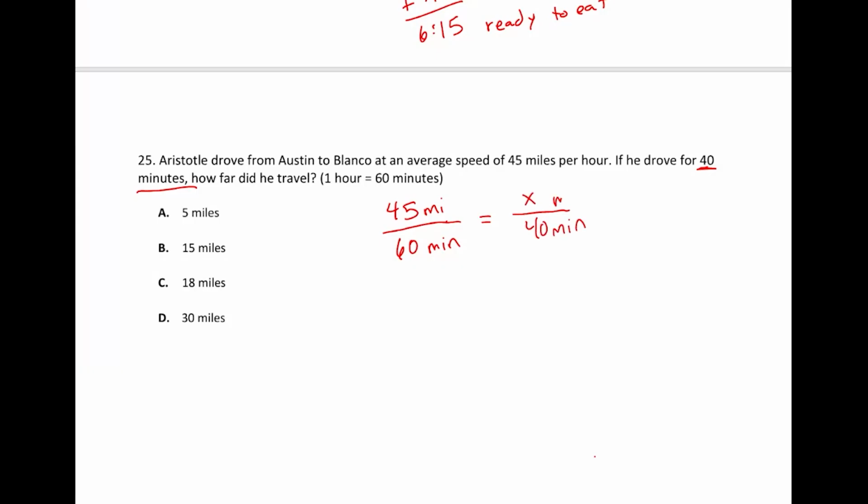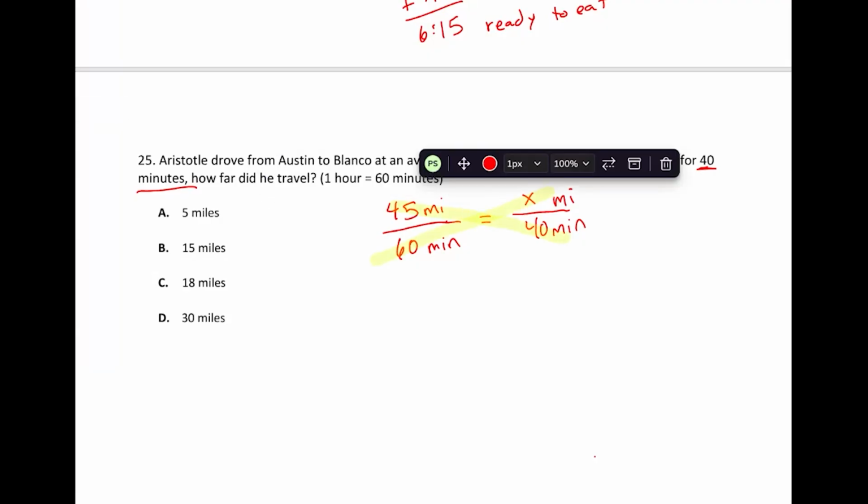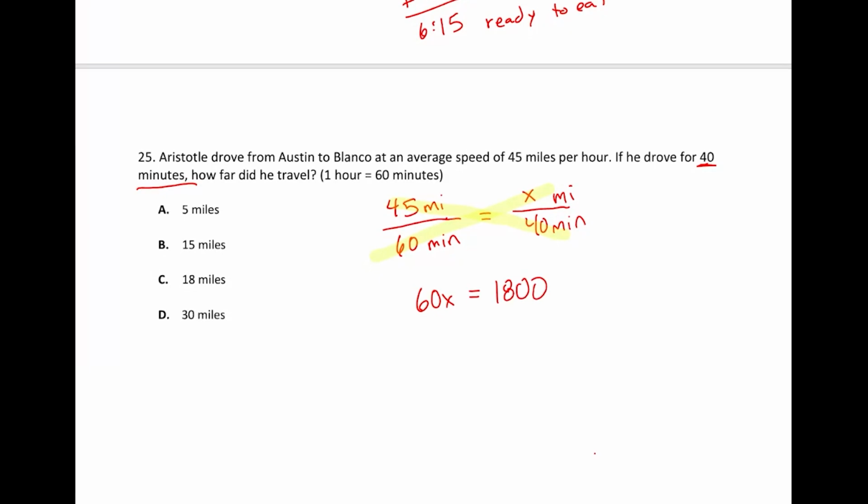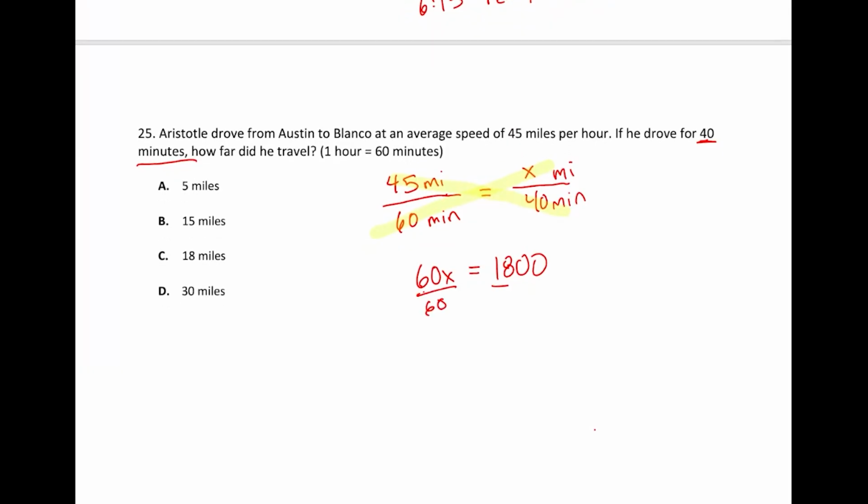So we'll use a little cross multiplication here. X times 60, 60X, and then 45 times 40 is 1800. Divide both sides by 60. We should get our answer here, which is 30 miles.